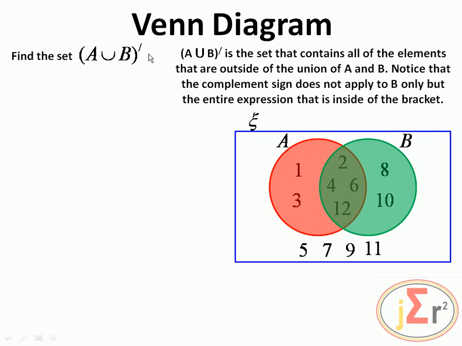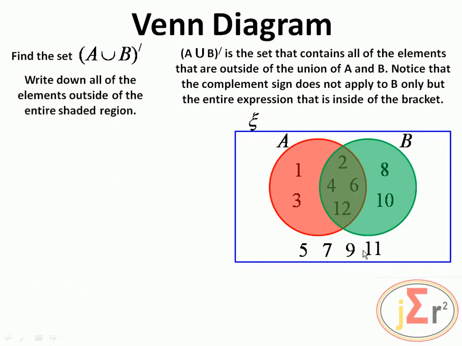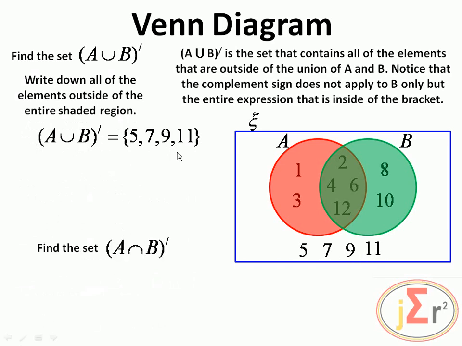So we need the complement of the union of A and B. That is, all of the elements that are not in the union of A and B. And these are the elements. We have them right there. Write down all of the elements outside of the entire shaded region, and that will be our A union B all complement. And there we have them. Find the set A intersection B all complement.